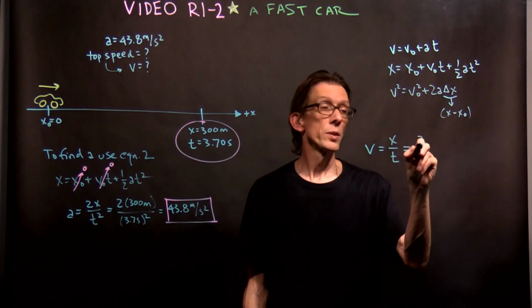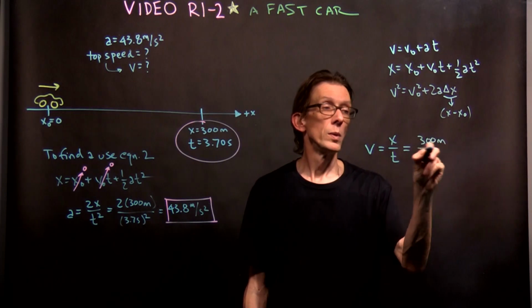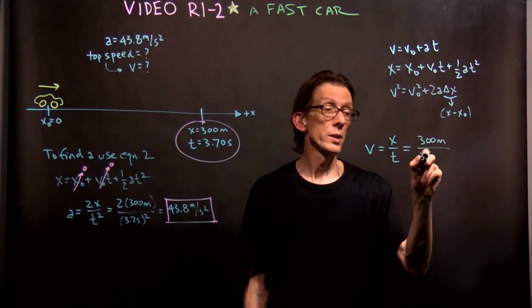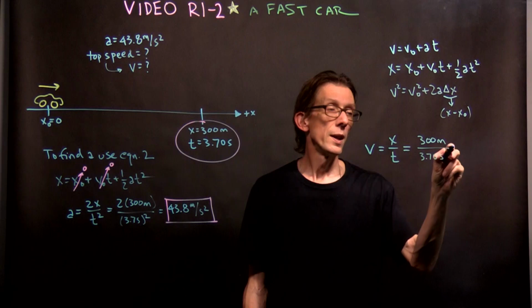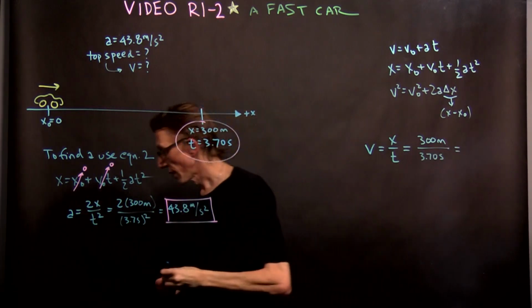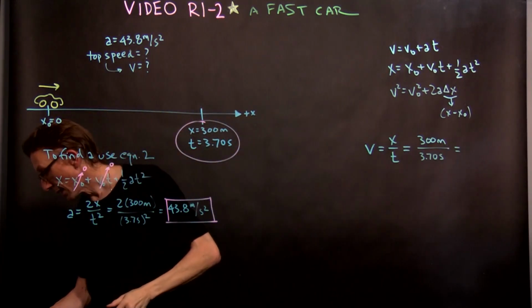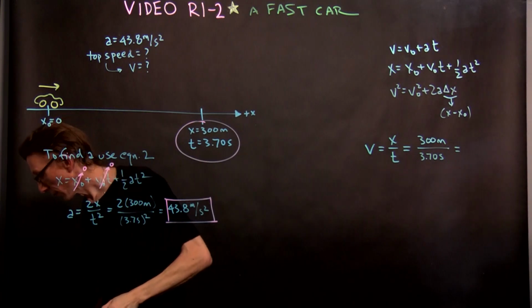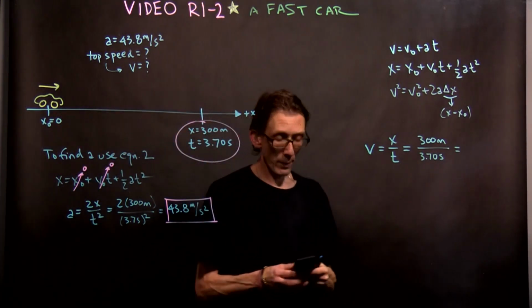This is 300 meters, and this is 3.70 seconds. And so when they do that, what they get out of that is, let me see here, let me actually divide this right now with my calculator.